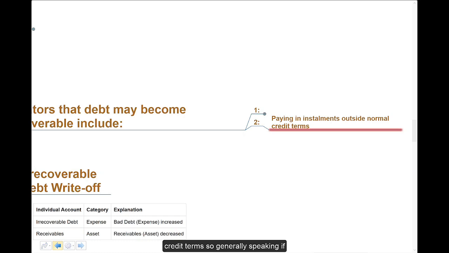So generally speaking, if the credit control department is tight and well organized, you should be able to not eliminate irrecoverable debts, but sort of guard against them. But you need to have systems.